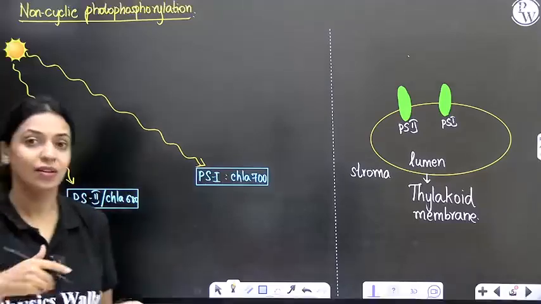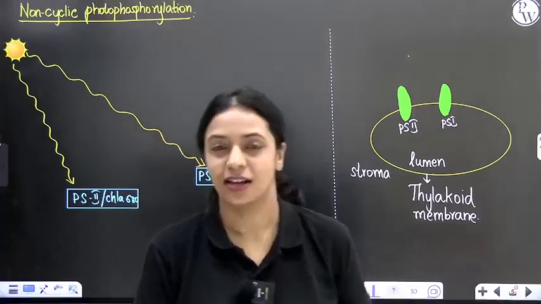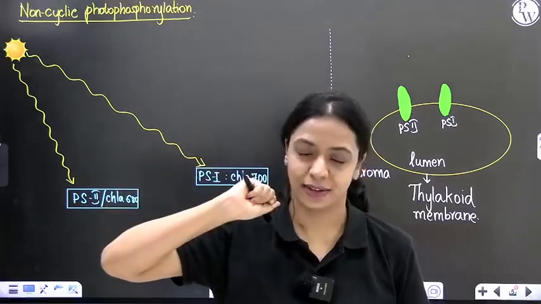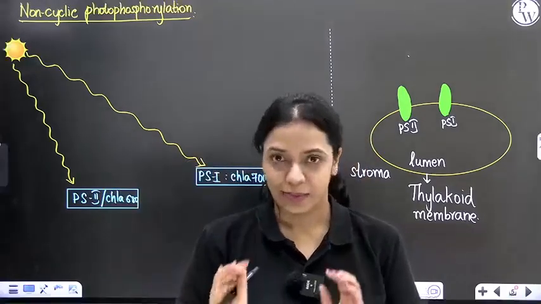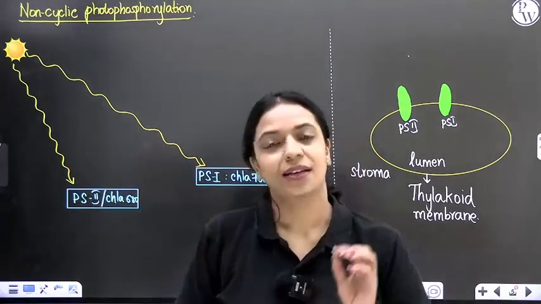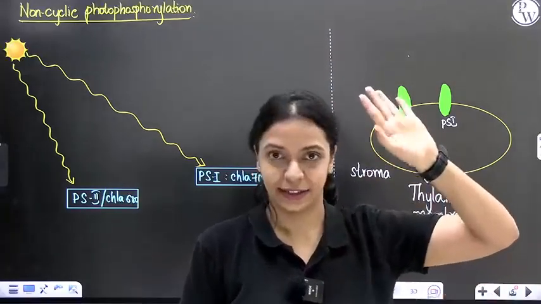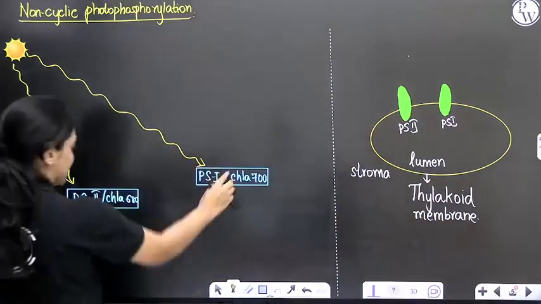I showed you the structure of chlorophyll in yesterday's class. If you remember, I told you there is a magnesium present in the center. In chlorophyll A, there is magnesium in both chlorophylls A. One electron from that magnesium will get excited, okay, over here as well as here.